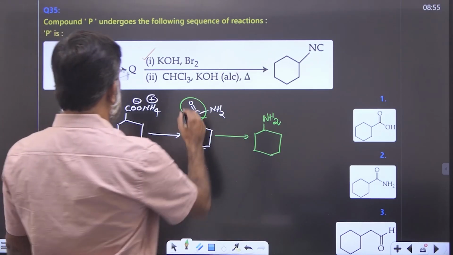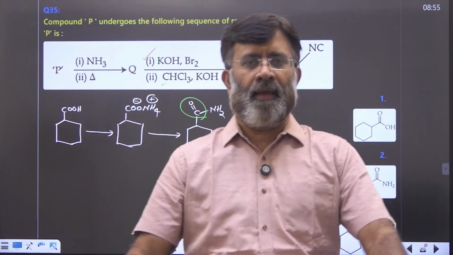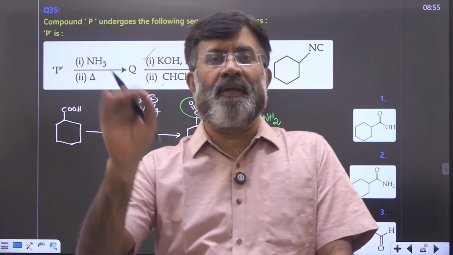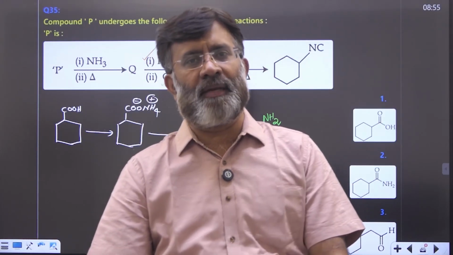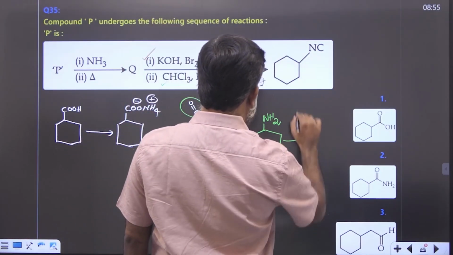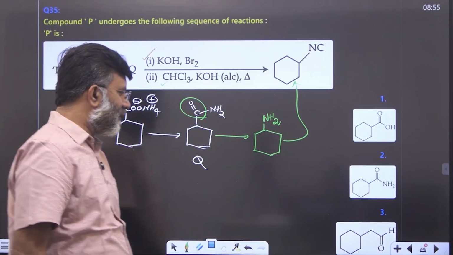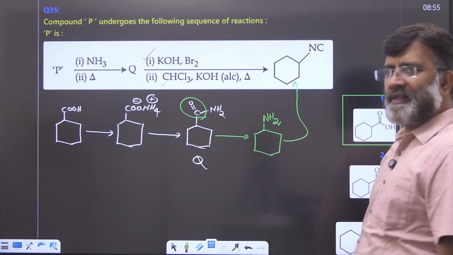And when treated with chloroform and alkali, a primary amine with chloroform alkali, that is the carbylamine reaction, isn't it? Isocyanide test, carbylamine test, and the result will be the requisite compound we are talking about, and that means the answer is the first choice itself.